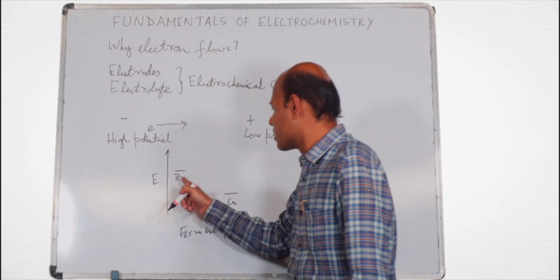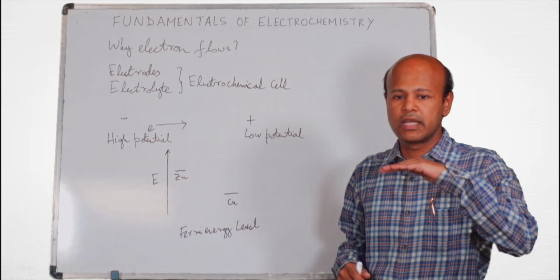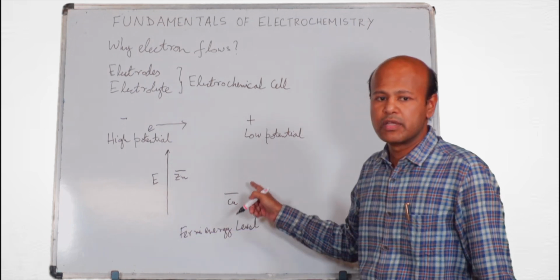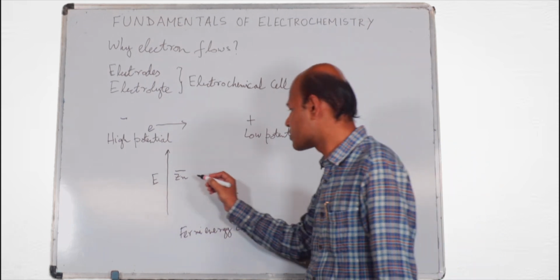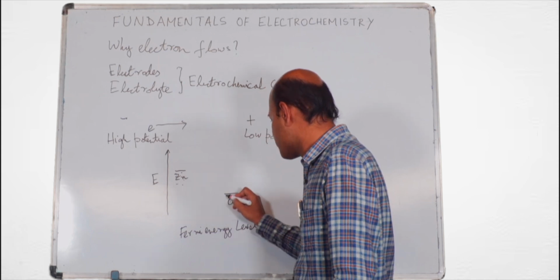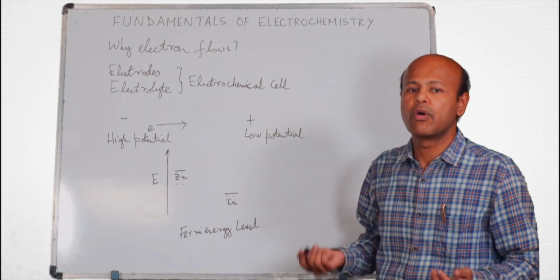This Fermi energy level for zinc is higher, as you see in the diagram, compared to copper. There are many energy levels below this, but this is the highest energy level. This is the limit that it can hold.